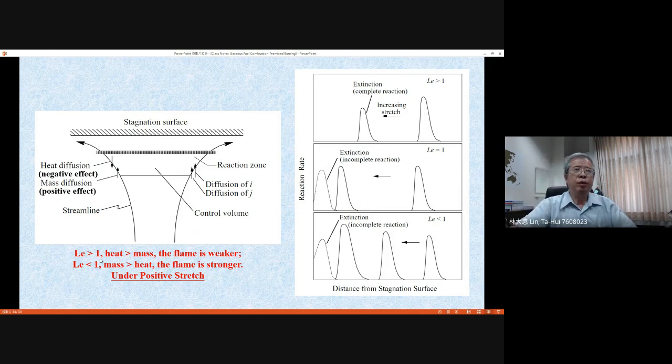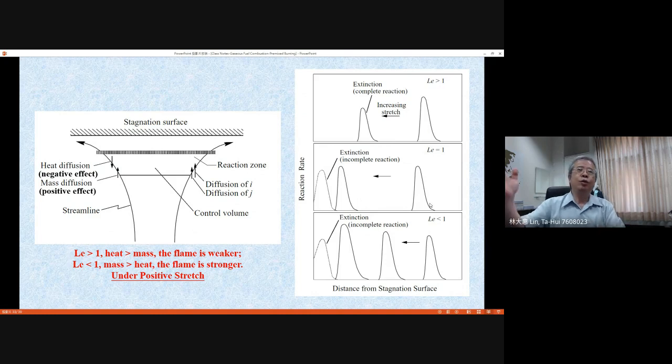Now you go back to see the structure described in the right figures. We start from the ideal case. If Lewis number equals 1, this curve represents the chemical reaction rate you usually understand, and you can do the experiment. This experiment tells you that you have a premixture with a Lewis number equal to 1. This is a chemical reaction rate distribution representing the reaction zone or flame zone, right?